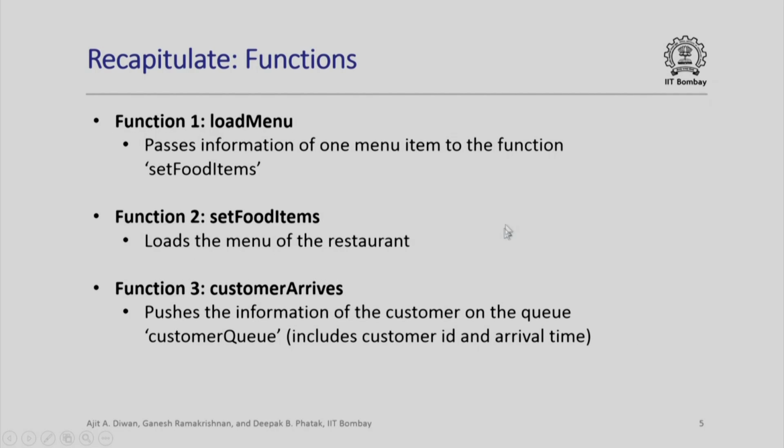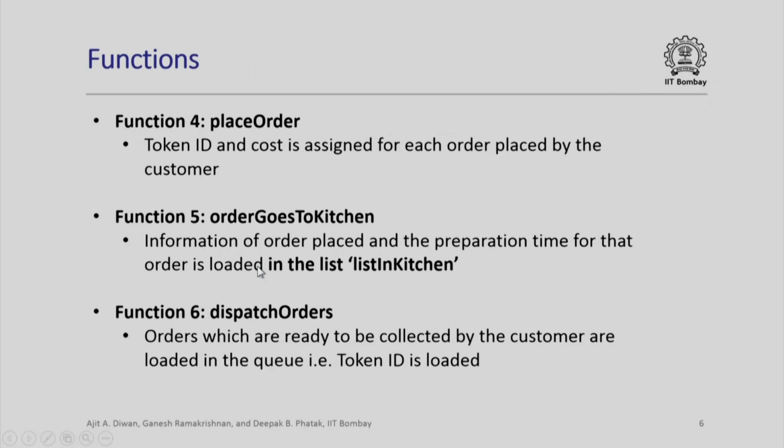The functions that we had written were load menu, which will load all the items which are available on the menu. In the load menu, we will be setting up individual food items. Next, the customer arrives function actually adds a customer to the customer queue.